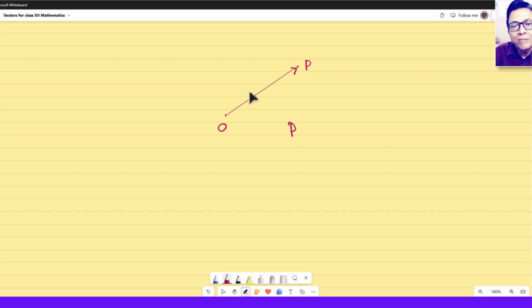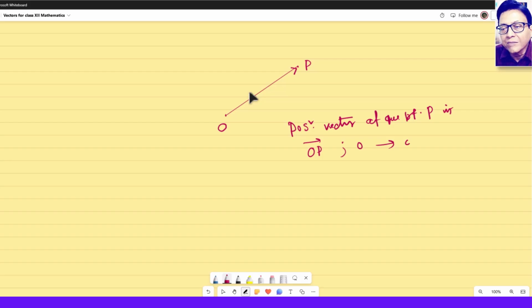So the position vector of the point P is the vector OP, where O will be treated as the origin.